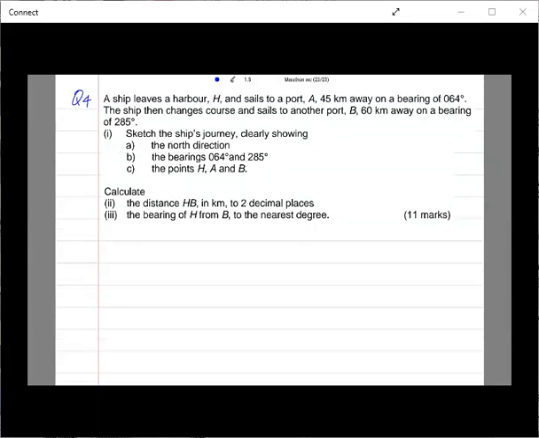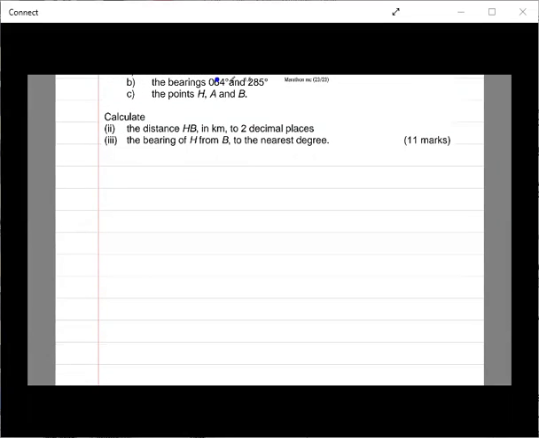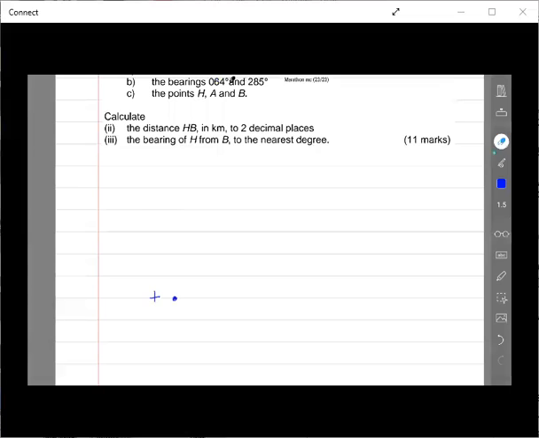All right, now, if I'm going to start, let's say I start with H. So this is my point H. That's where I started. At H, I'm giving direction from H, so I must draw my north, south, east, west line.